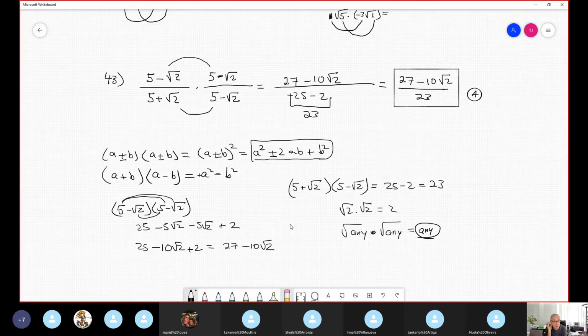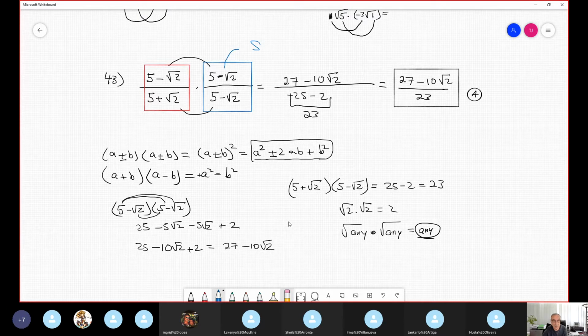Let me repeat from the beginning here. Okay, this is my original problem. Let me put it in red color. I need to rationalize. To do the rationalization, I need to create a smart one.